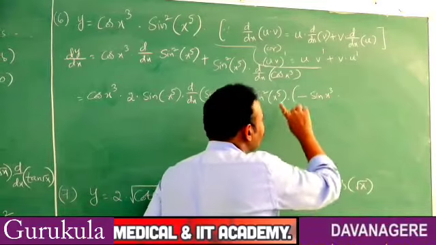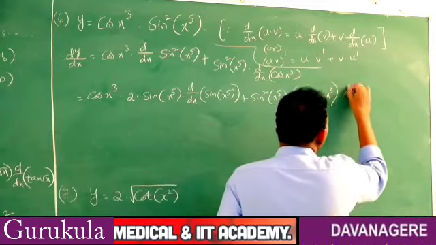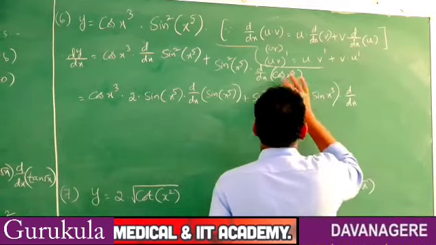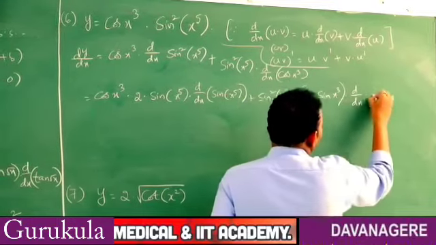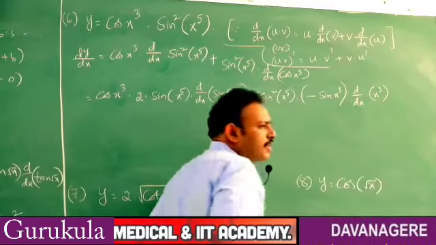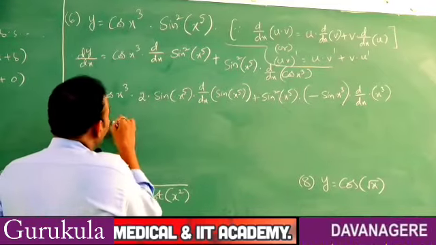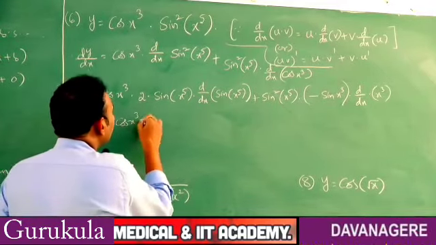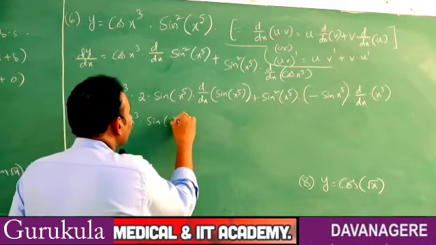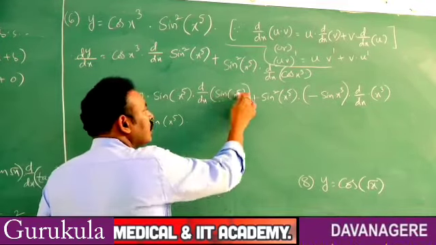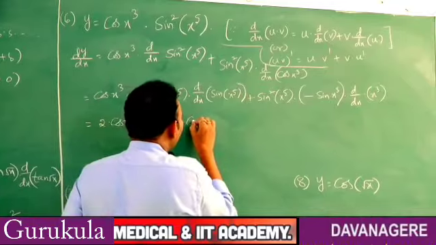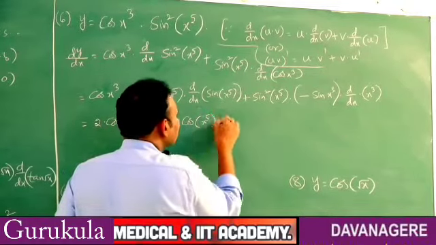Next, sine square x to the power of 5, derivative of cos x is minus sine x. Derivative of cos x is minus sine x into d by dx of x cube, students. Now we say 2 into cos x cube into sine of x power 5 into sine x. Derivative is cos x.